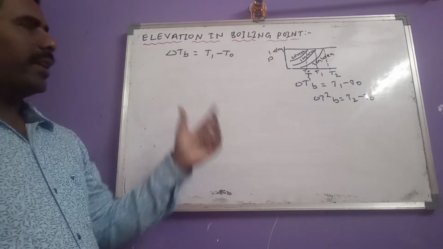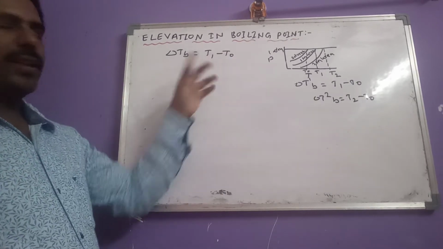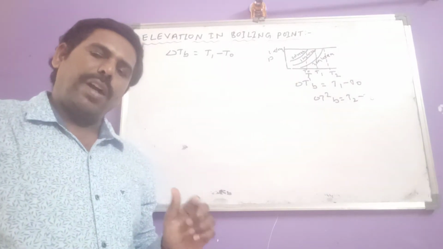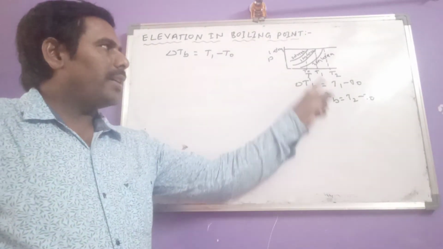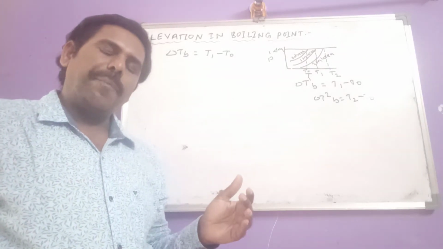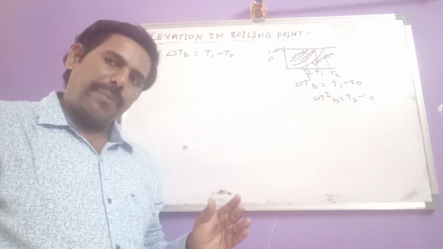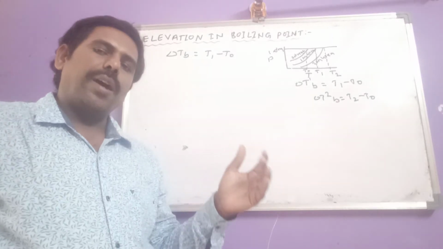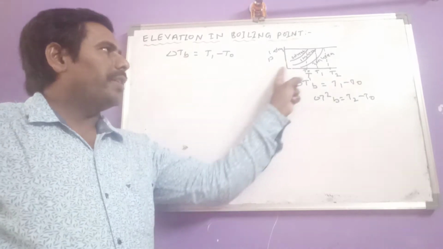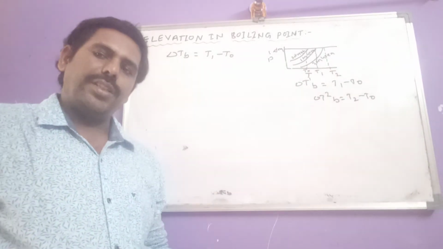And one more important thing we have to remember: as concentration increases, both the elevation in boiling point, that means the delta TB value, and also the boiling point value, increase.